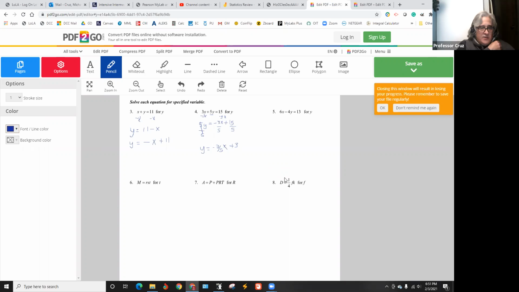All right, try that next one. That one is a little bit different, but same procedure. You got to get rid of the x first and then divide by negative 4.